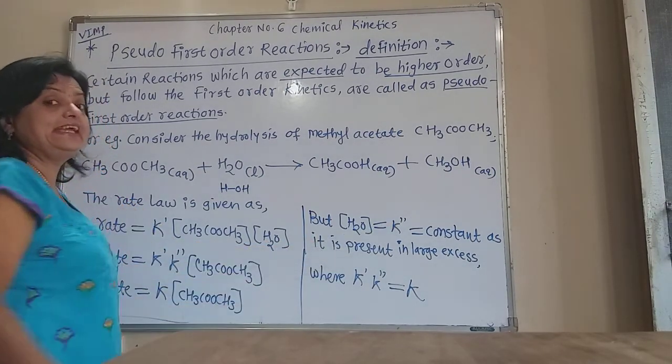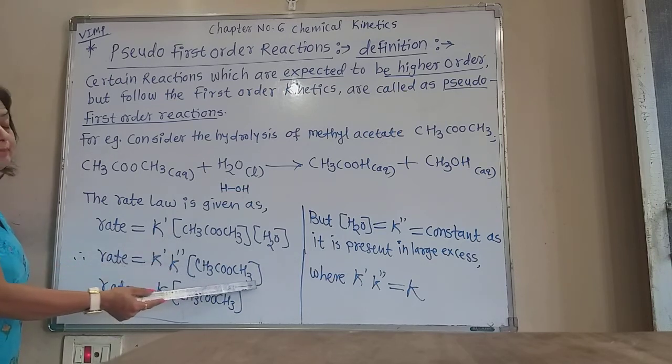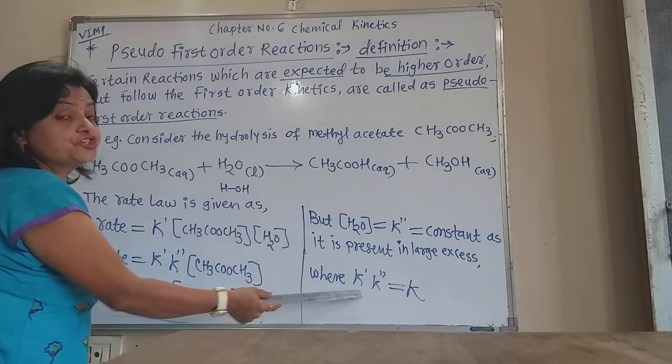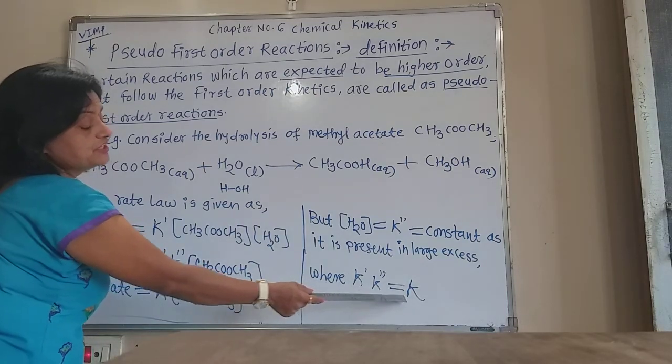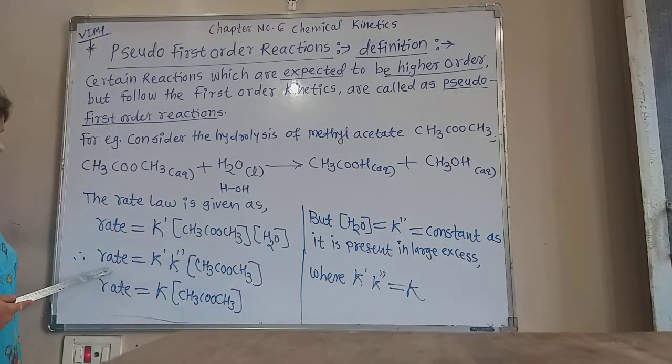Suppose K into the concentration of water is K double dash. Then rate is equal to K double dash into the concentration of methyl acetate. Now K and K double dash are both constants, so their multiplication is also constant. Suppose that is K. Then rate is equal to K into the concentration of methyl acetate.